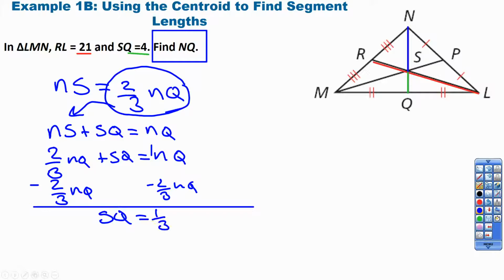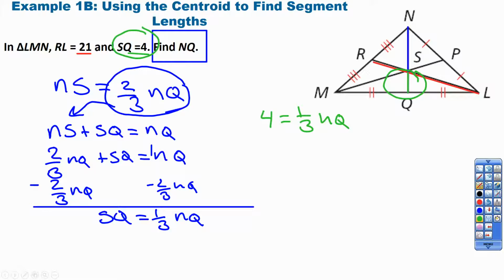That is 1/3 NQ. So we know now that SQ is equal to 1/3 NQ. Do we know what SQ is? Yes, we know what SQ is. It's right here. So let's plug that in. 4 is equal to 1/3 NQ.